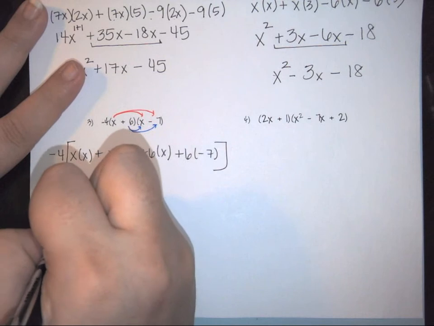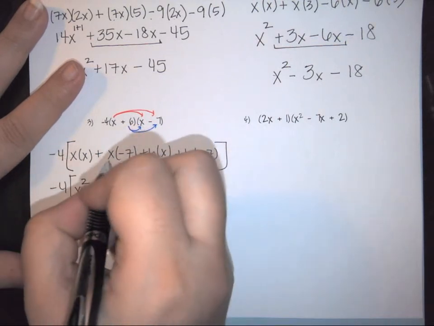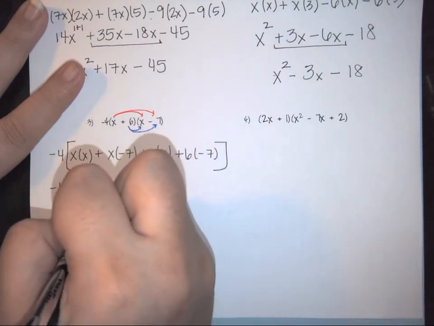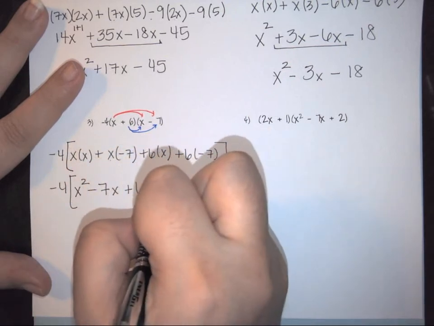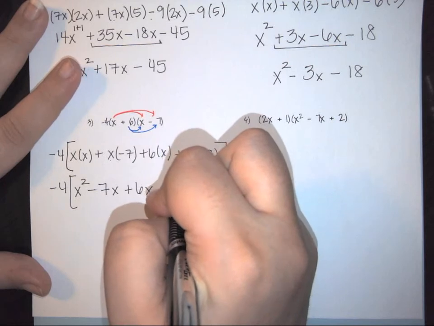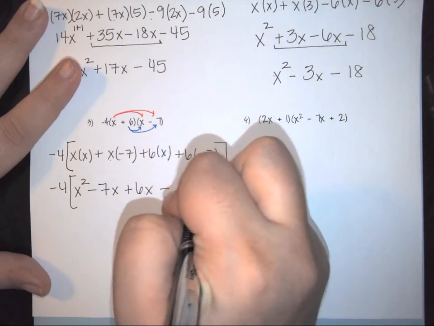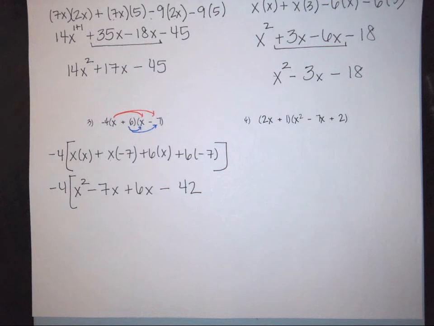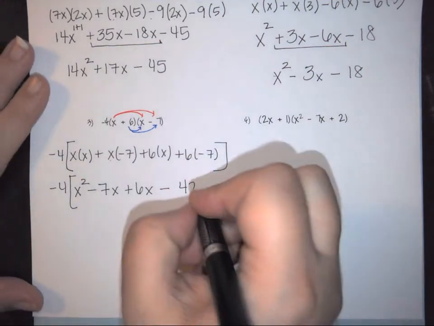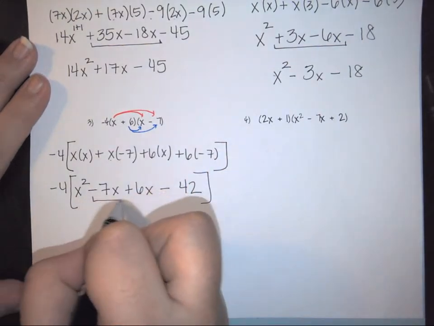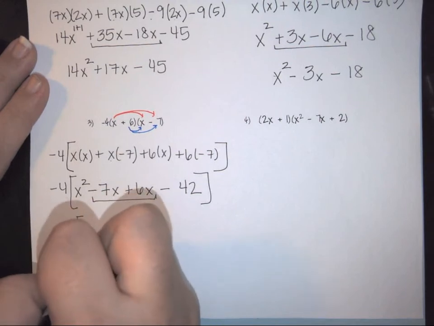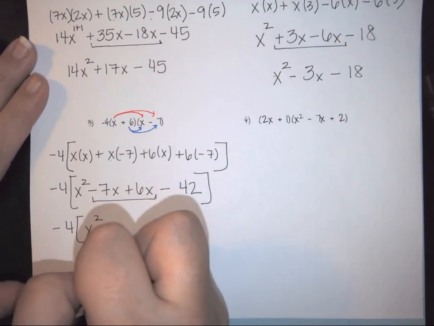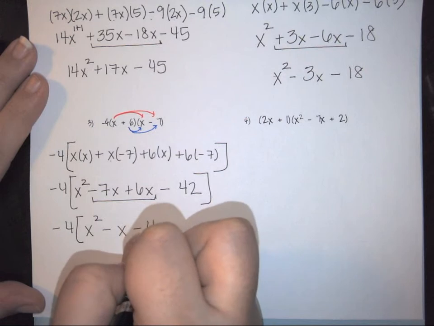X times x is going to give me x squared. X times negative 7, so I have a negative 7x plus a 6x minus 42. I need to combine my middle terms here. So I've got this negative 4 still times x squared minus x minus 42.